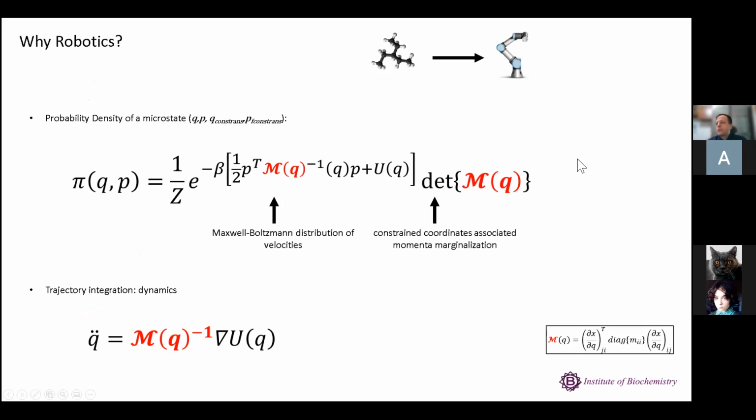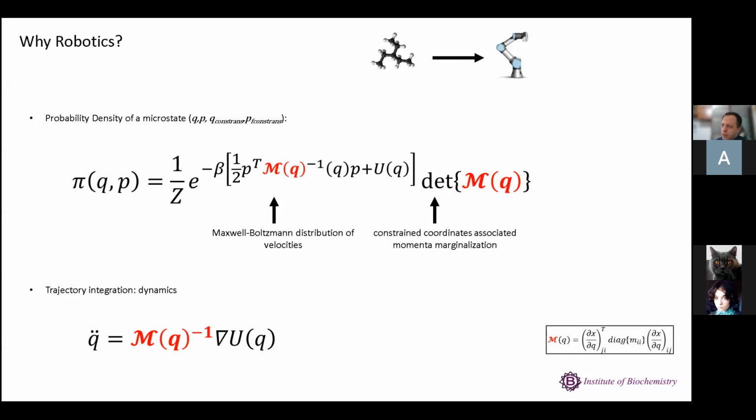Now, it's all very nice, but we have to deal with some problems that the nice algorithms in robotics did not provide us. Usually in robotics, people deal with how to control the robot and how to do path planning. In our case, we're not interested in that.